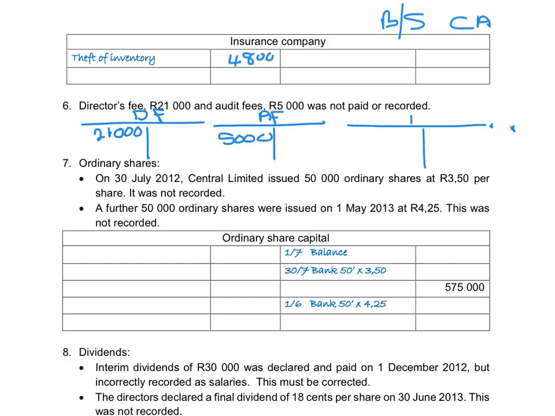And I will open an accrued expense account and show that liabilities increase with the 21,000 and with the 5,000. So these two figures will be taken to the profit and loss account because it's expenses. Therefore, we will reduce our profit because it was not recorded. In the balance sheet, we will show this 26,000 as a liability.